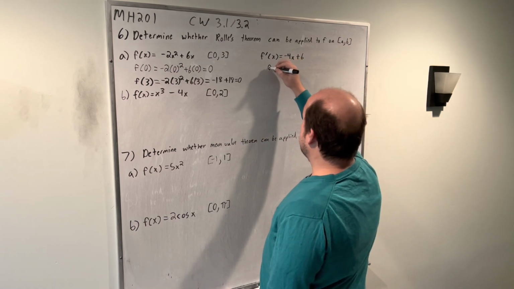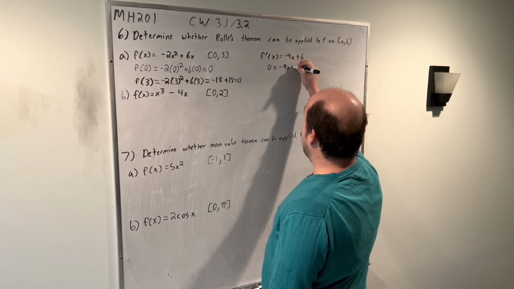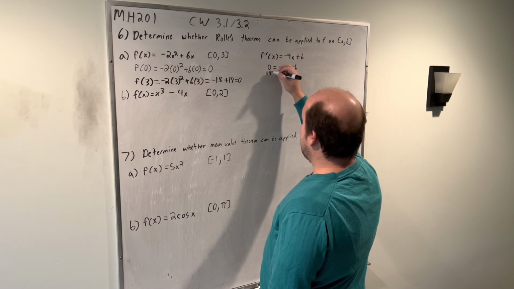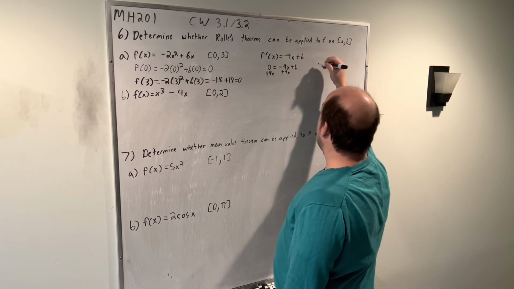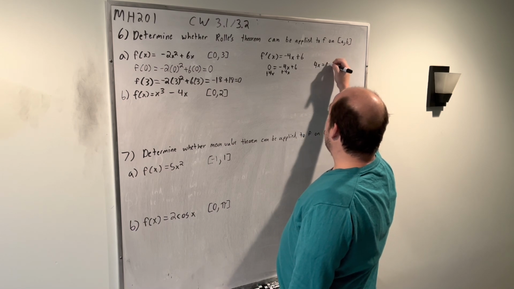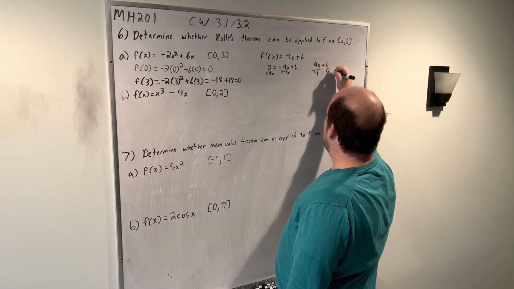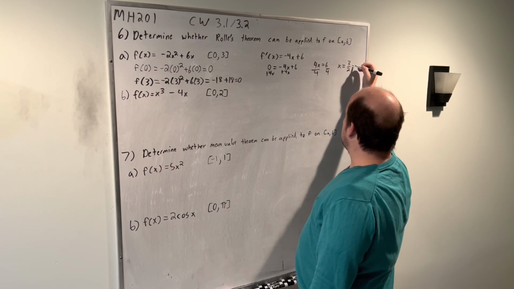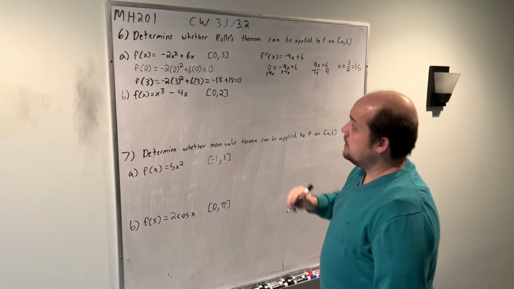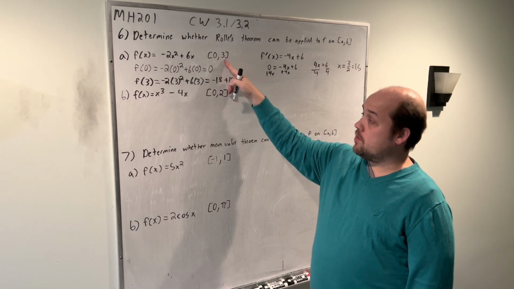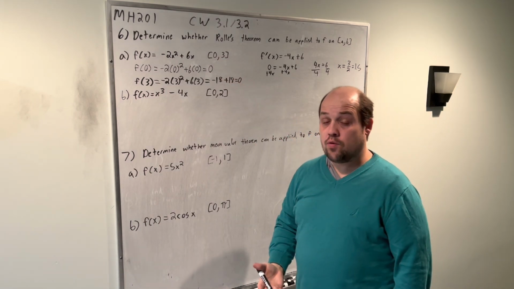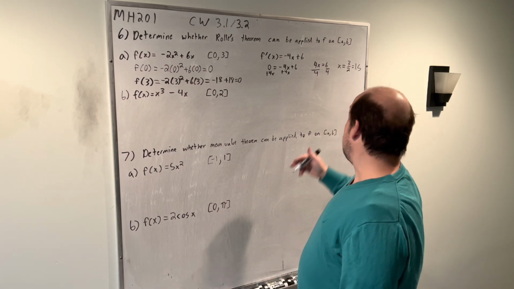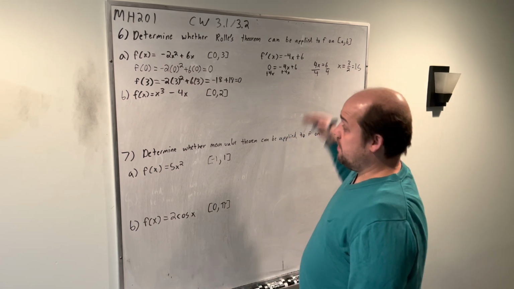If I set it equal to 0, 0 equals -4x plus 6, add 4x, add 4x, and I get to 4x equals 6, which means x equals 1.5 or 3/2, however you want to say it. It is in the interval from 0 to 3, so I have shown that Rolle's theorem applies here with a c value of 1.5.